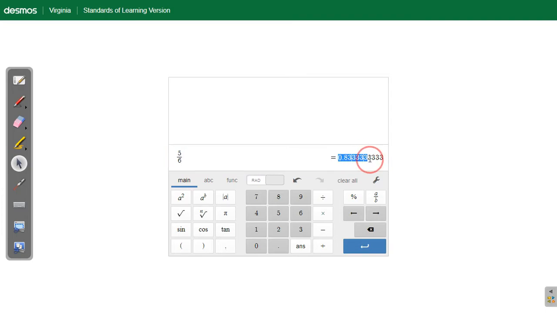Notice we get the decimal 0.83333333333. And even though this calculator doesn't tell you this, those threes actually go on forever and repeat. So this decimal actually doesn't stop. When you're trying to do calculations on a calculator with these types of numbers, that can be kind of messy.